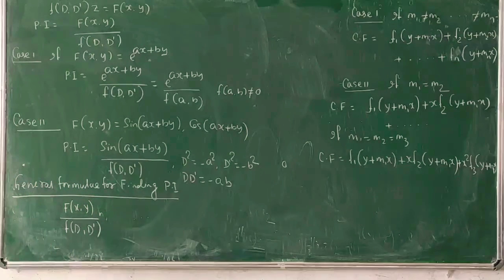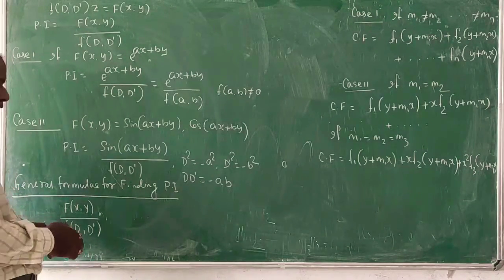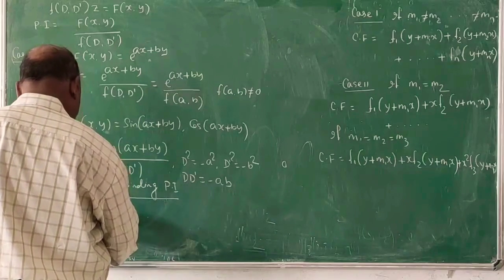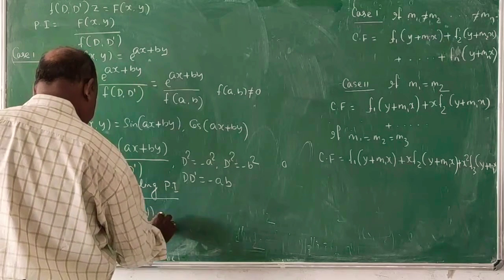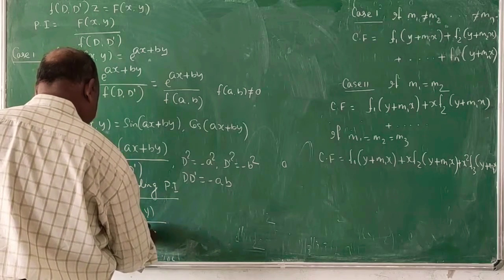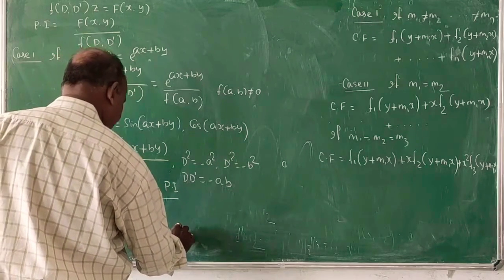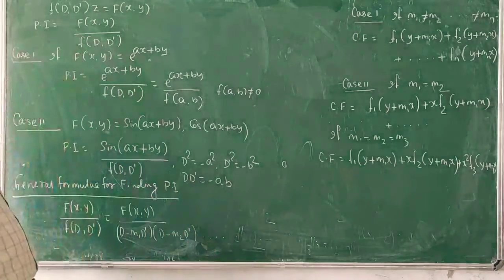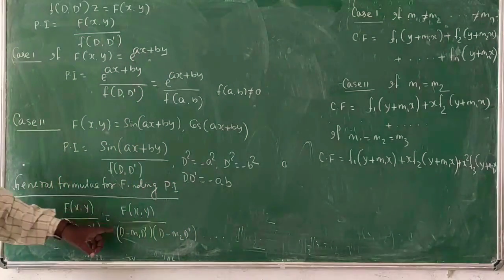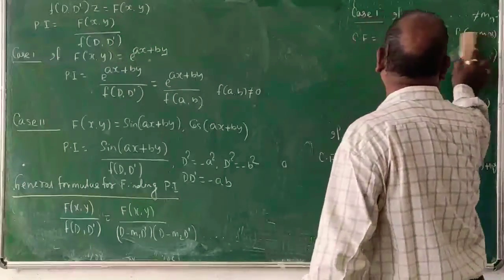You do one thing: factorize f of D, D dash. Then you obtain f of x, y divided by D minus m1 D dash, into D minus m2 D dash, and so on. Then you resolve it by partial fractions.